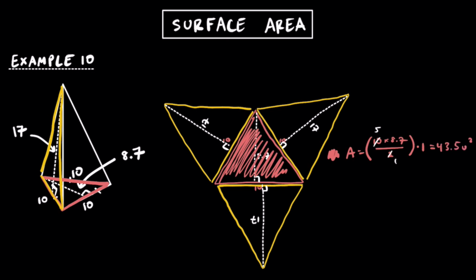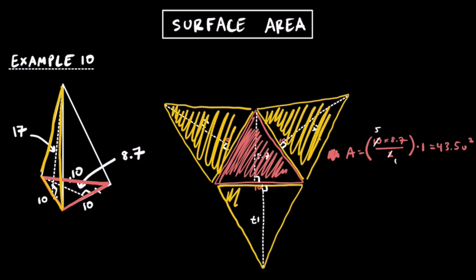And what about these other triangles? We know the base is 10 and the height is 17, so that's all we really need. So we have area is equal to 10 base times height, which is 17, divided by 2 for a triangle, and times 3 because there are 3 of these triangles.